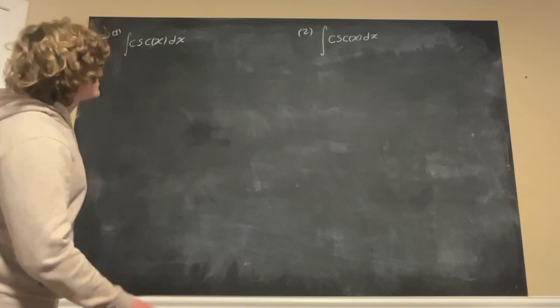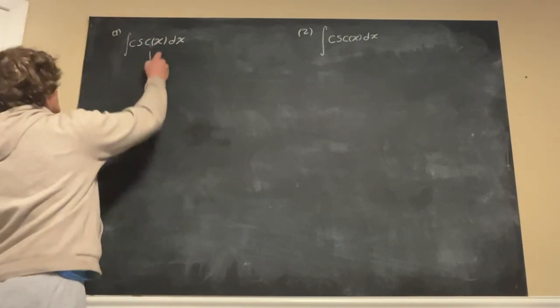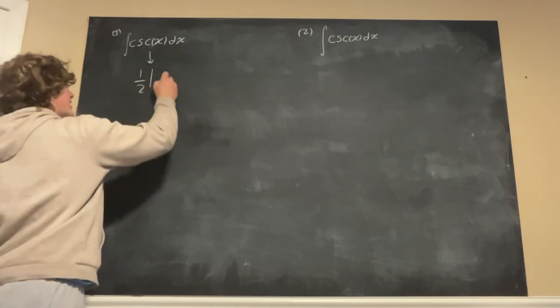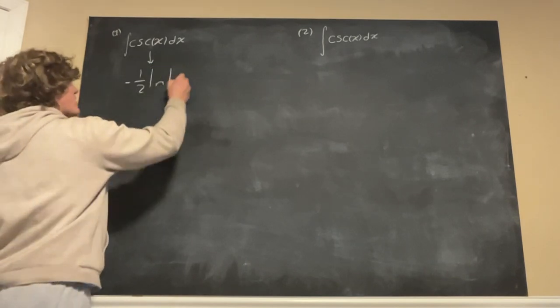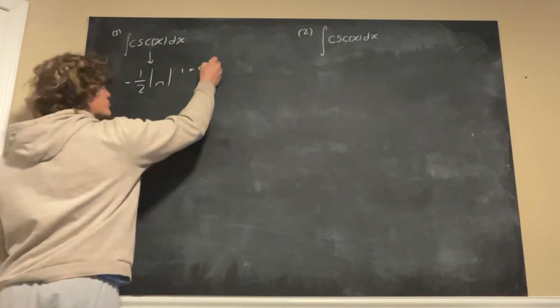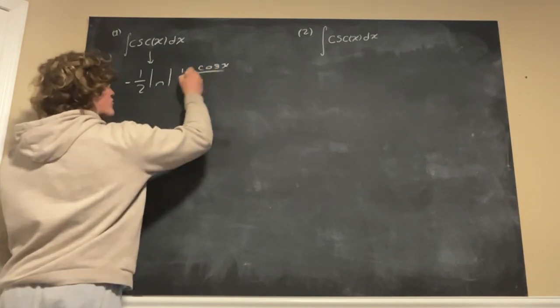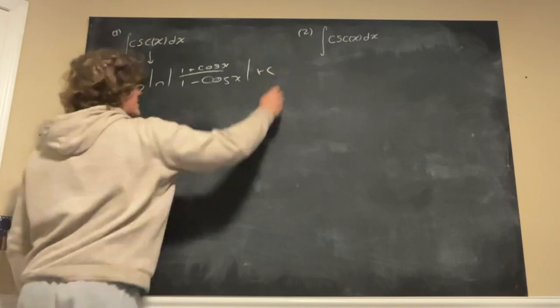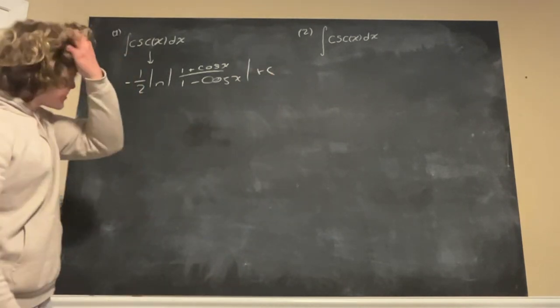So to begin, we are just going to write what this was equal to. The answer for this was negative 1/2 ln of (1 plus cosine x over 1 minus cosine x) plus c. So this was our answer from the last video.